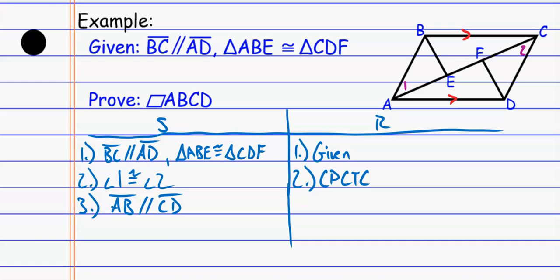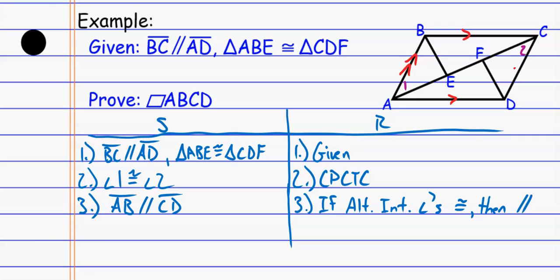And I can say that because the alternate interior angles were congruent, that makes the lines parallel. You can just write it as an if-then statement. If alternate interior angles are congruent, then we have parallel lines. Okay?